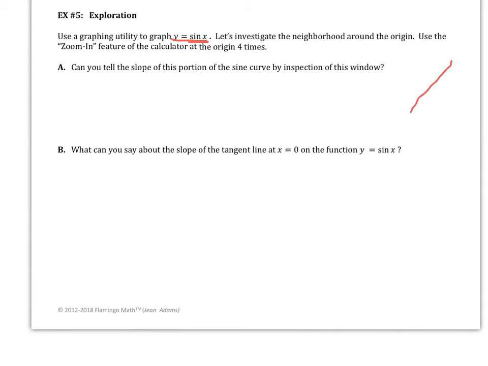So it says, can you tell the slope of this portion of the sine curve by inspection of this window? It appears to have a slope of 1. So what can you say about the slope of the tangent line at x equals 0 on the function y equals sine x? The slope of the tangent line at x equals 0 is 1.